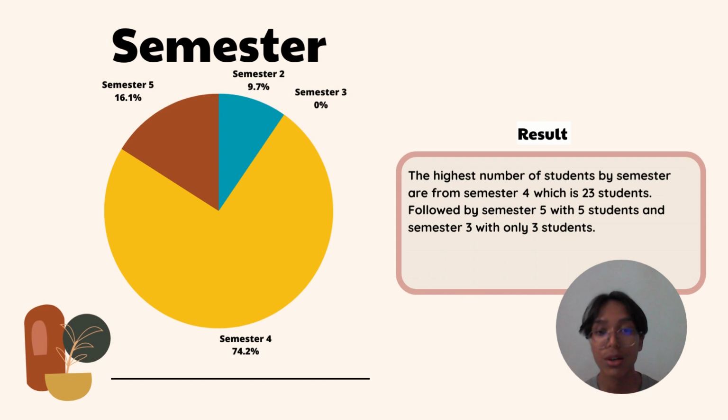Now we will go to the semester. We can see the majority of our respondents are students from semester 4, which is 23 students, followed by semester 5 with 5 students. And the last one is semester 3 with only 3 students.